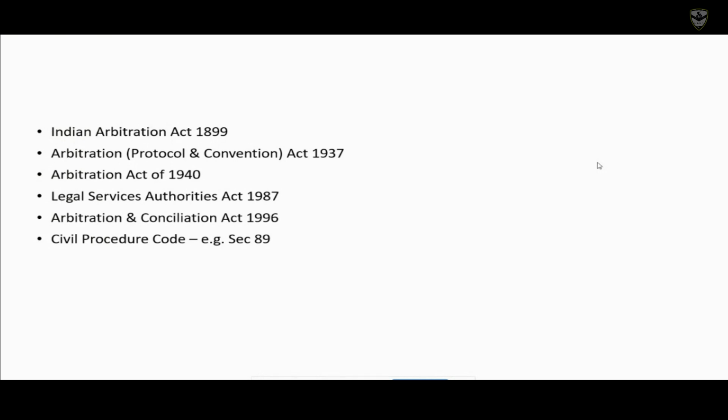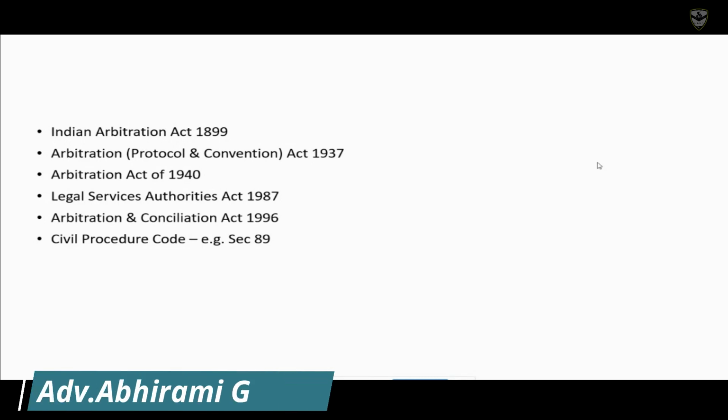UNCITRAL is the abbreviation of the United Nations Commission on International Trade Law. The Civil Procedure Code also provides for the resolution of disputes through ADR through various provisions such as Section 89 and rules under Order 10, and also in some other parts of the code.